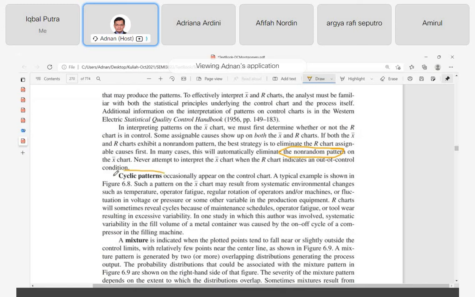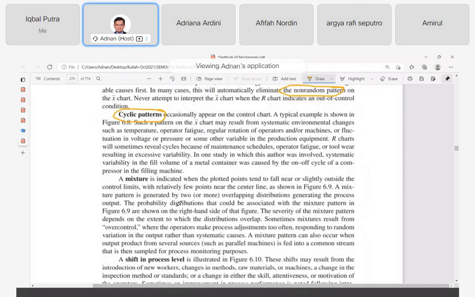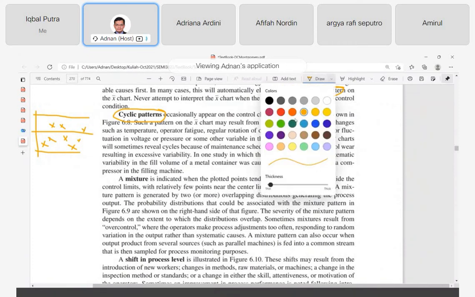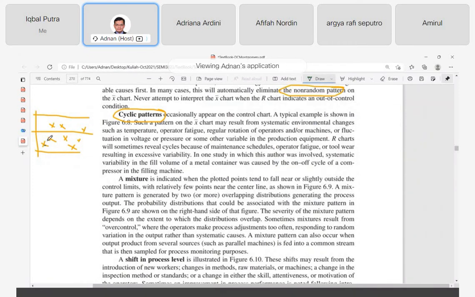We have the cycle pattern, or cyclic pattern. These are common patterns when you are using a control chart. What I mean is, when you have a control chart, the pattern of the process might be fluctuating. It is within control limits, but it fluctuates like this. If we connect the line, it just looks like this.